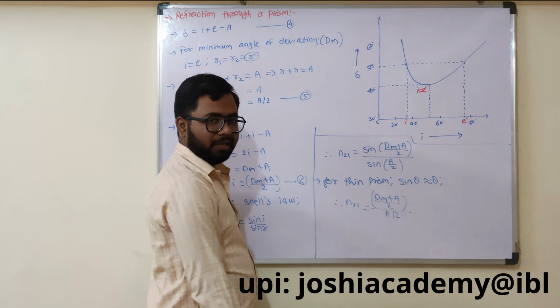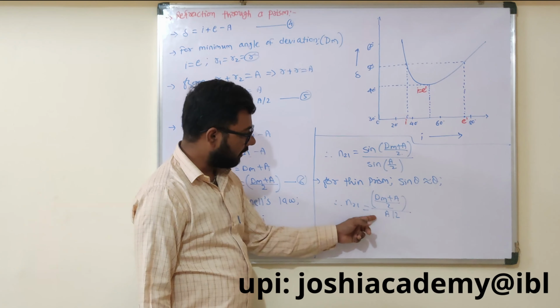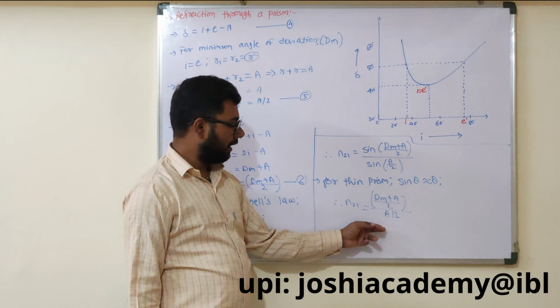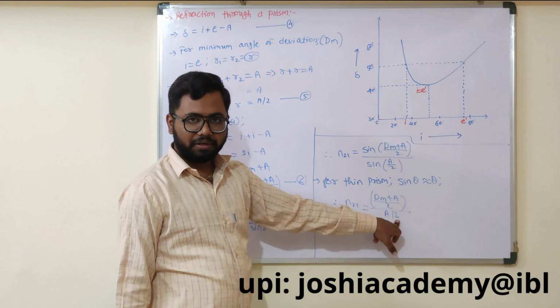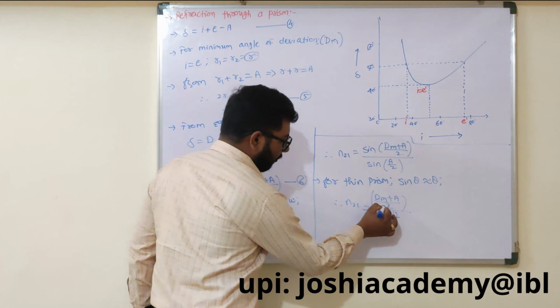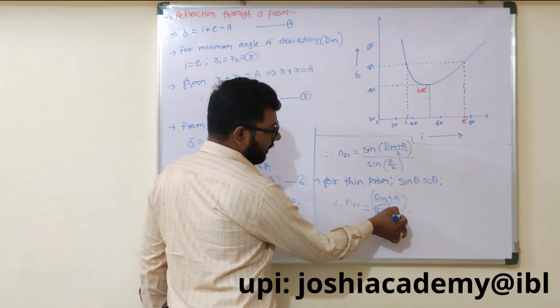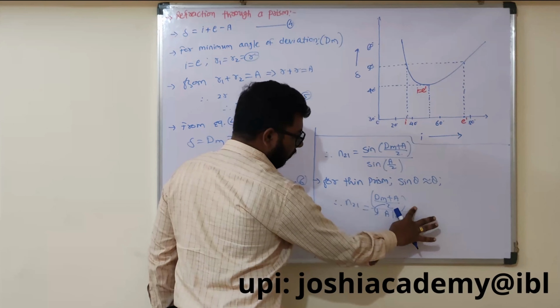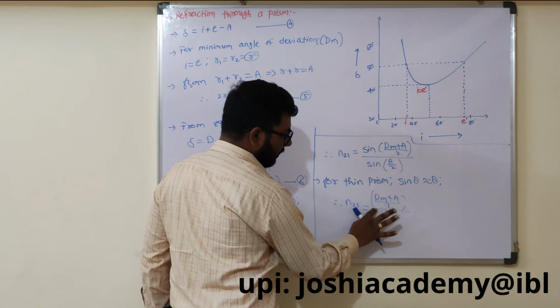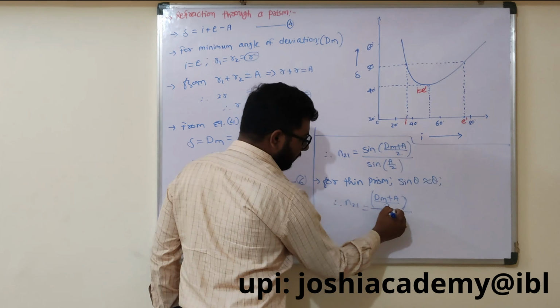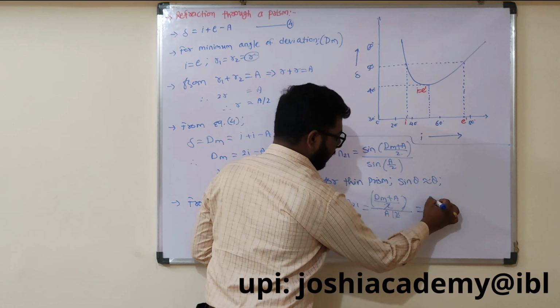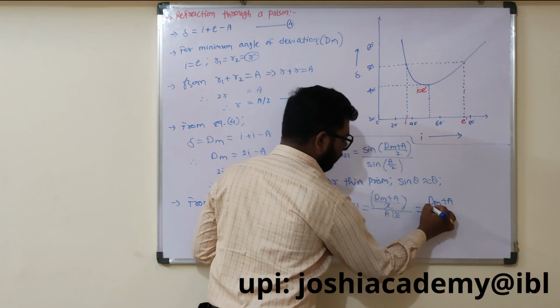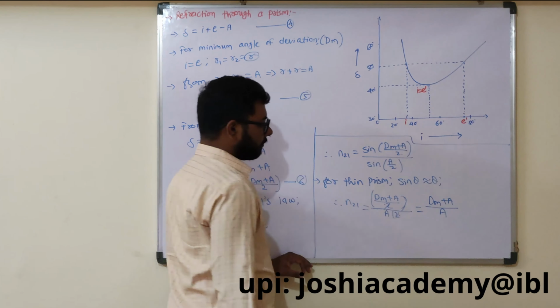The denominator of the numerator stays in the denominator, and the denominator of the denominator goes upwards to the numerator. Or we can do one simple thing, just cancel out the 2. So we will get Dm plus A by A.